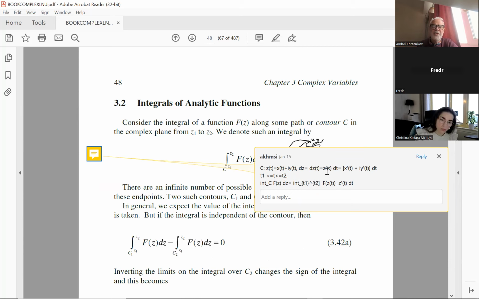Then we can find dz, and this integral is equal to the usual Riemann integral, as you used in your course, from t1 to t2 of f, where instead of z we put its parameterization, times z prime, the derivative of z, dt. So this integral over a trajectory in the complex plane is just the usual Riemann integral with the corresponding parameterization.